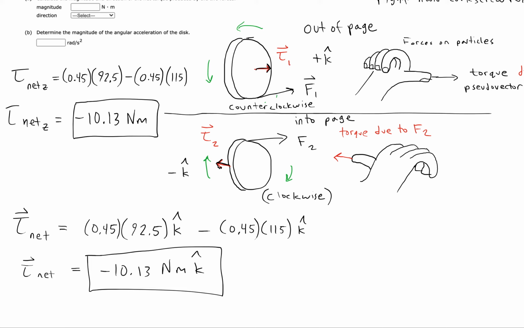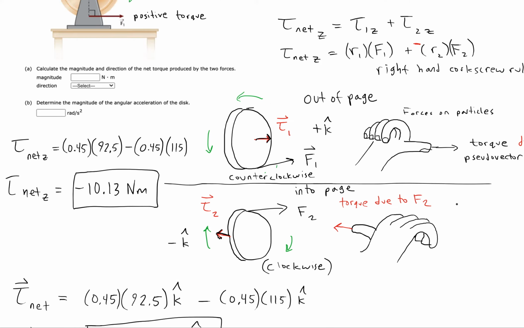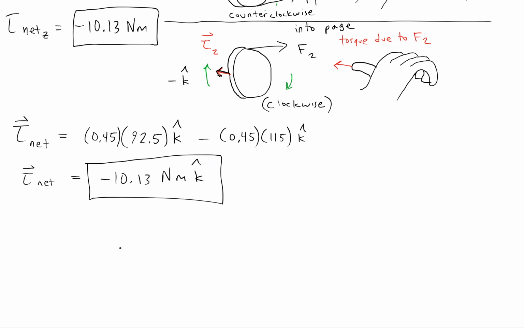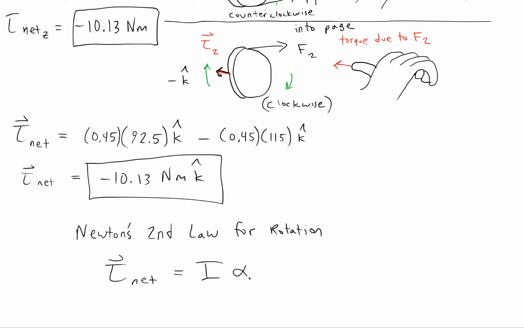Alright. Finally, we'll find the magnitude of angular acceleration. So we should use Newton's second law for that. Newton's second law for rotation. So that's going to be torque net equals I times alpha.